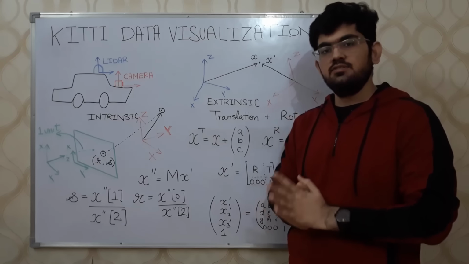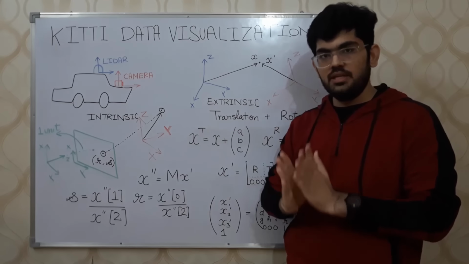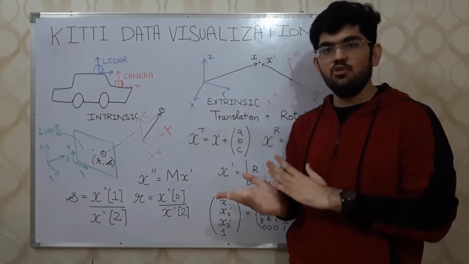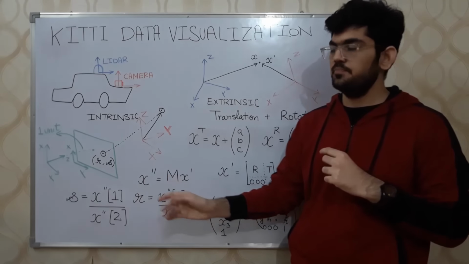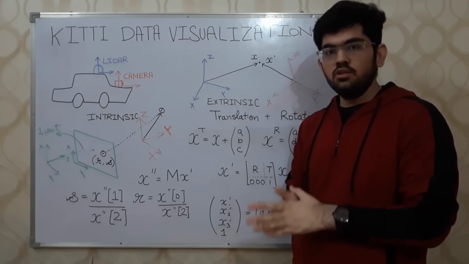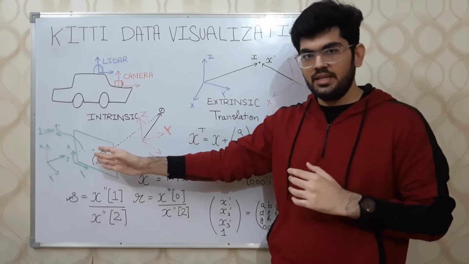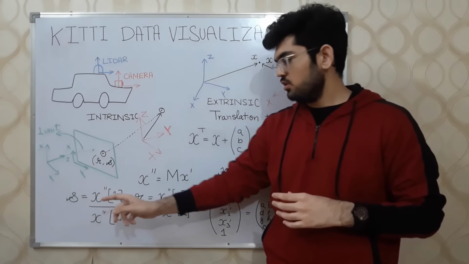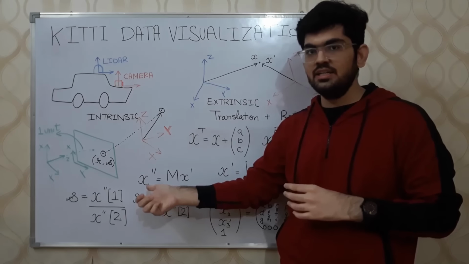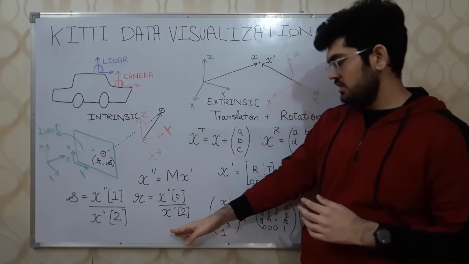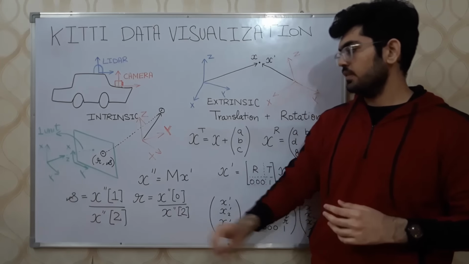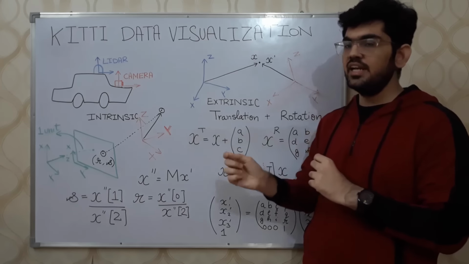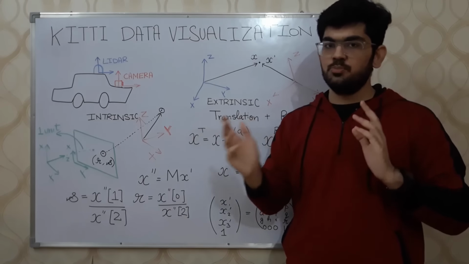If we are given a transformation matrix M, we can simply multiply that with our 3D object vector x dash and get a new vector which is x double dash. Also, in order to get how these points would look in this image plane, we need to divide the x and y coordinates of this new x double dash vector by its z coordinate, which we can see over here. Solving both of these operations, we get the transformation of a 3D point on a 2D image plane.